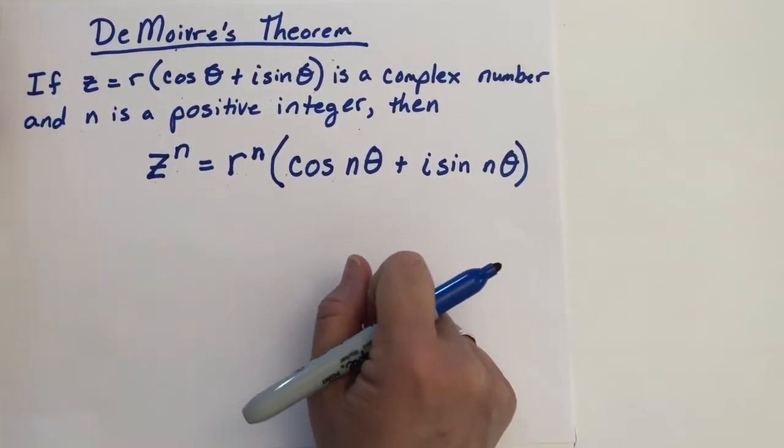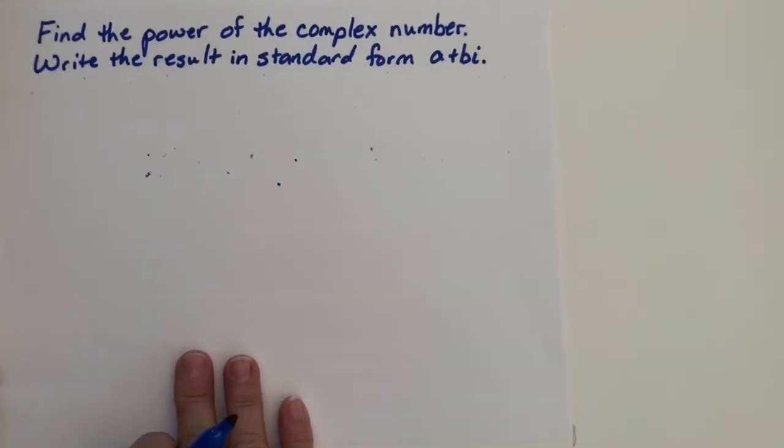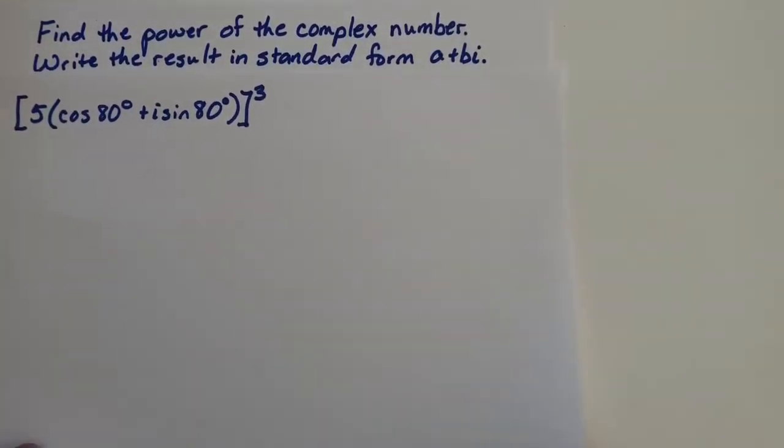So let's see that in action. So the directions for the next problems will be, find the power of the complex number, and we're going to write the result in rectangular form or standard form, a plus bi.